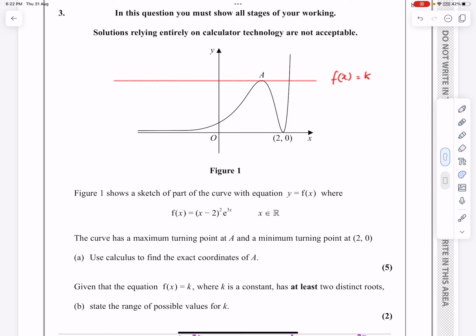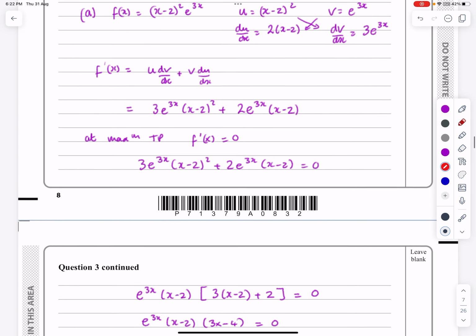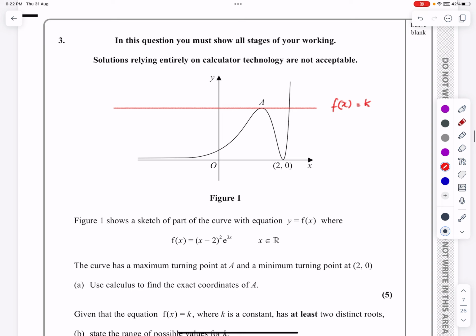And we know that that is given by what we just found as our answer. What do we have for the y value? 4e to the 4 over 9. So I can even put this on my graph just for a second. 4e to the 4 over 9 is that value there. And then as I move this down, that's 2 roots.